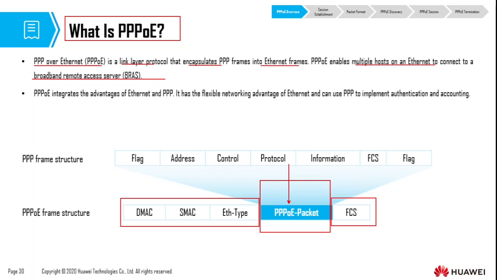Now, generally, the architecture of your ISP, for example, the ISP that is giving you fiber to the home. So you have several homes here. You have a home here. So this is a home. You have another home here. And you have another home here.